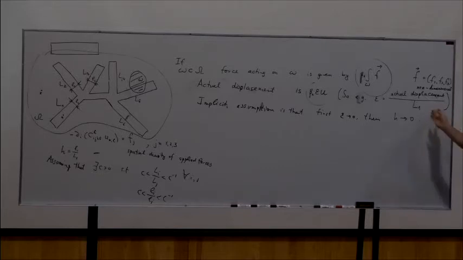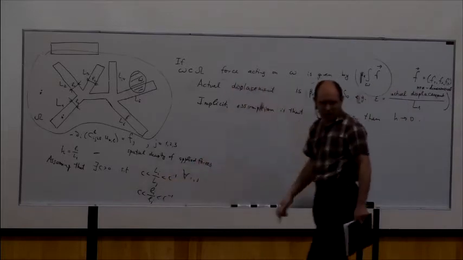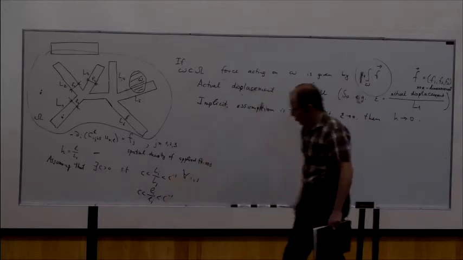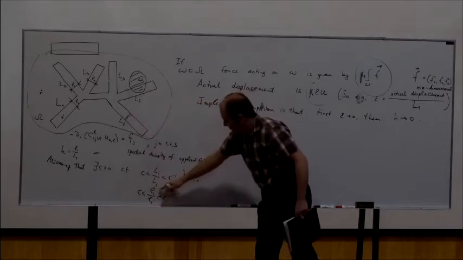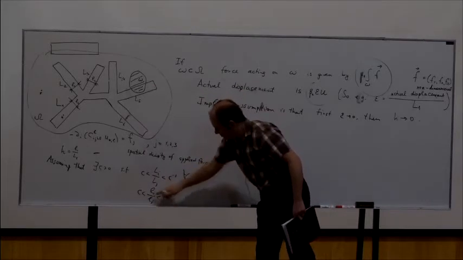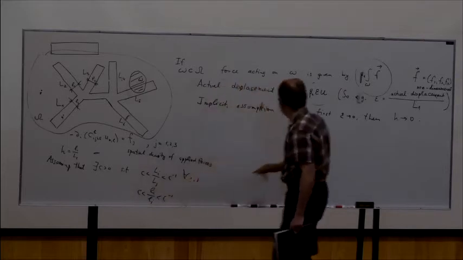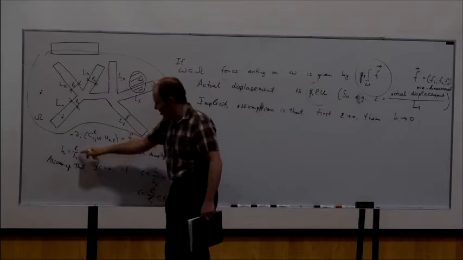I chose L1, but in view of these bounds, any of the capital L's can be chosen, but not small l's, because small l's will all go to 0. There are these bounds plus h, which is a ratio of small l to capital L, goes to 0 eventually.